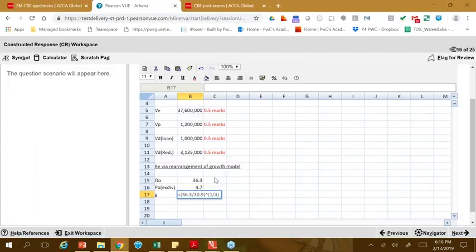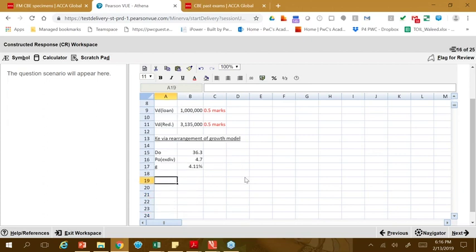Close the bracket and then minus the 1. So D0 over Dn to the power of 1 by 4 minus the 1, and we get our growth. We'll show this growth in percentage form, which is 4.11%.